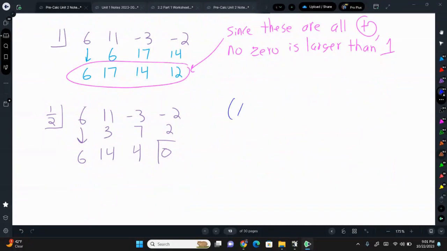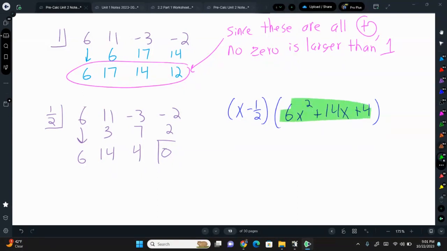So we have x minus 1/2, and then we have 6x squared plus 14x plus 4. And now we want to factor this. Well, we can factor out a GCF of 2, so that's going to make things a bit easier.